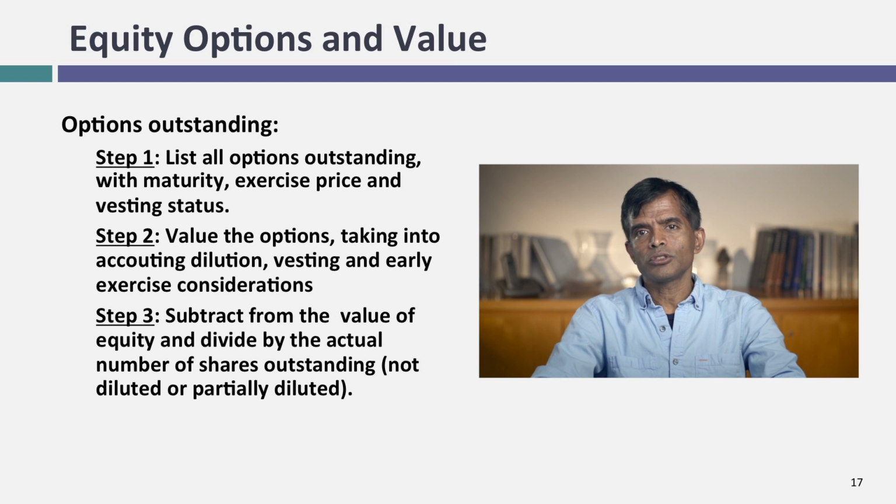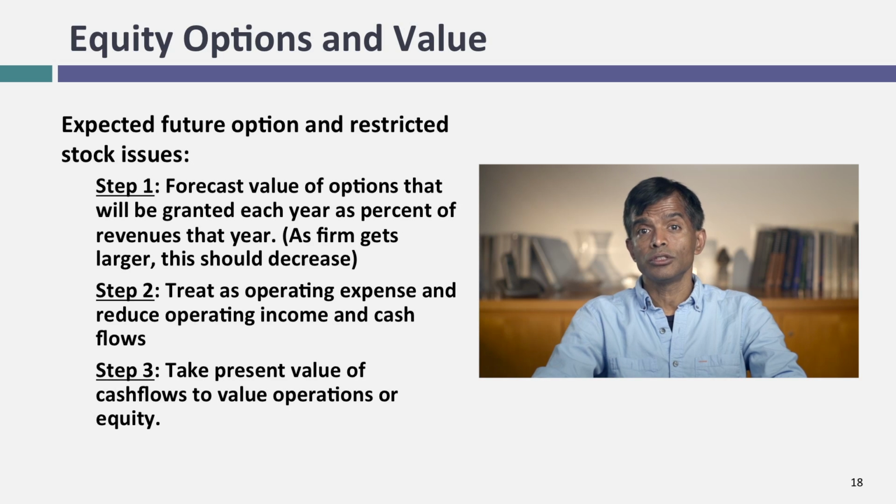Subtract the value of the options from the value of equity you got from the company. Then divide by the actual number of shares outstanding. Don't double count. There are people who try to adjust for options by adjusting the number of shares using a diluted number of shares. That's a really backwards way of dealing with options. You're better off actually valuing the options and subtracting them out and using the actual number of shares outstanding.